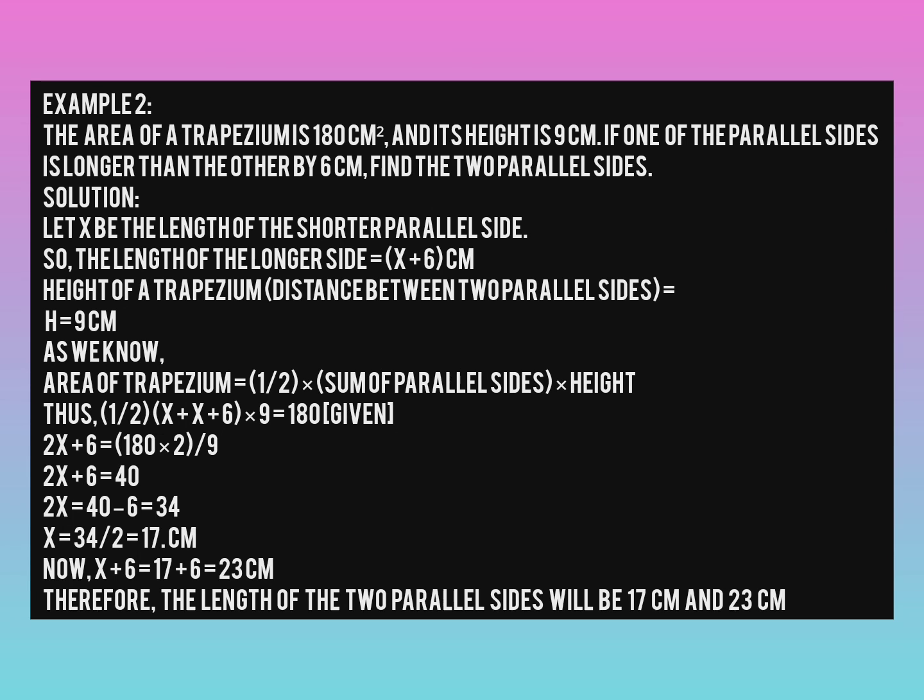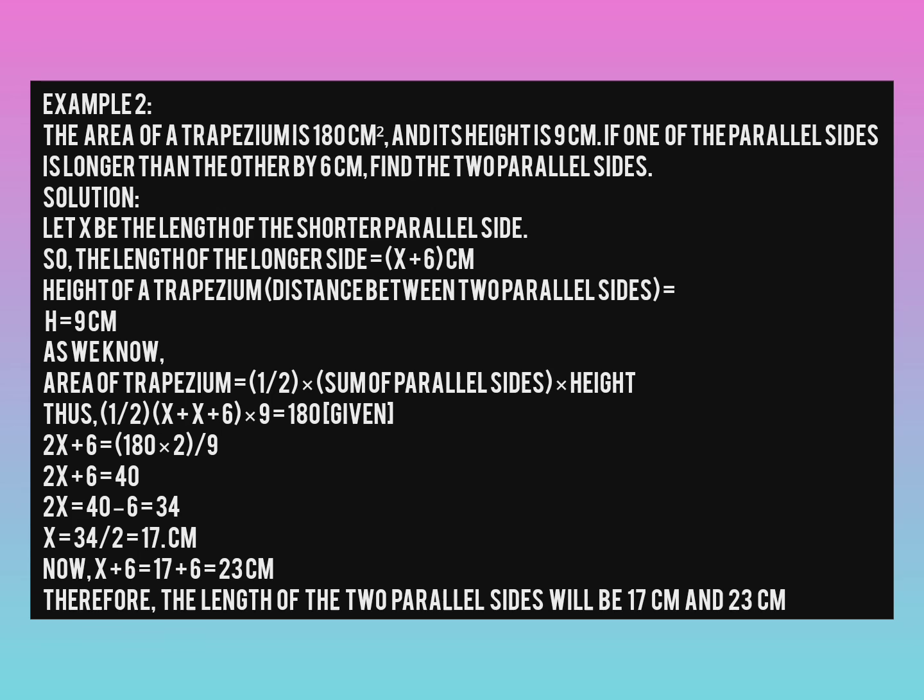Thus, 1 divided by 2 times (x plus x plus 6) times 9 equals 180, given. 2x plus 6 equals 180 times 2 divided by 9. 2x plus 6 equals 40.